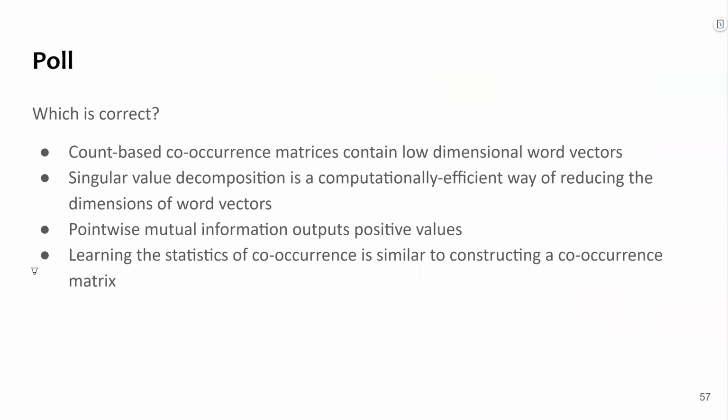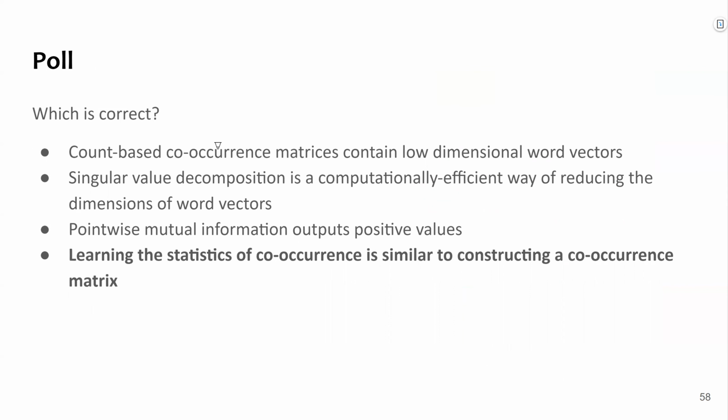Okay, think about this question on your own after pausing this video, and let's check the answer together. All right, the answer is the fourth one. Count-based co-occurrence matrices contain high-dimensional word vectors. That's why we wanted to use SVD to reduce the dimension.